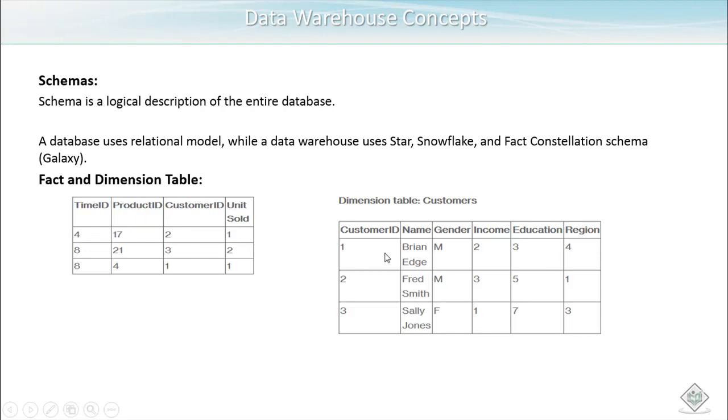This is my dimension table for the customer, which is the master data for the customer, and contains information like customer ID, name, gender, income, education, and region. Similarly, we have this fact table which holds the primary key of my customer table, and then it has the units sold.